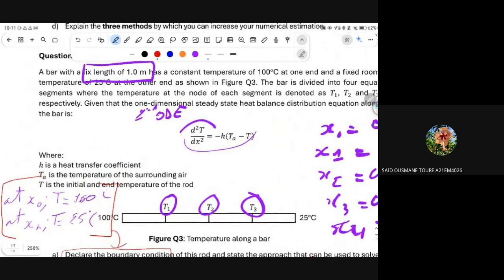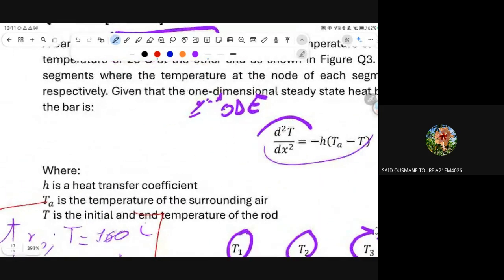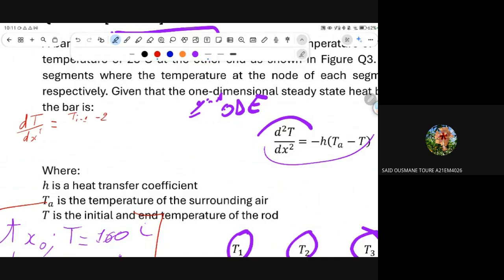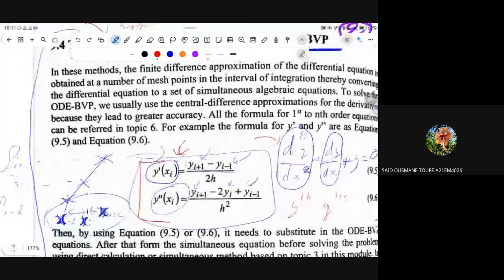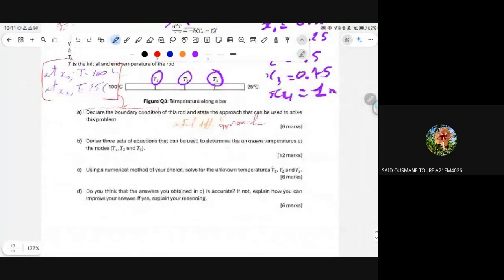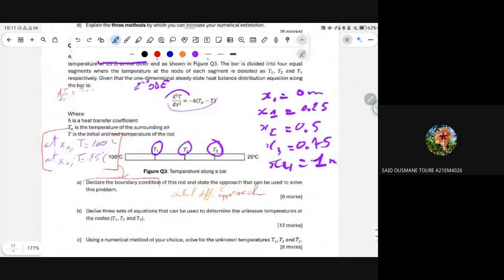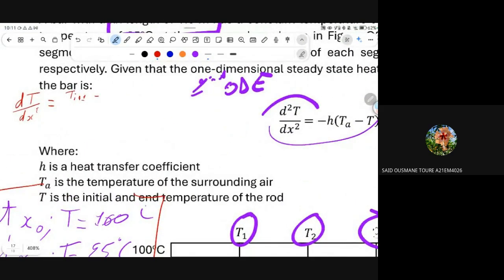We know that dT/dx equals T(i+1) minus T(i-1) over 2h. Can we substitute this one here?